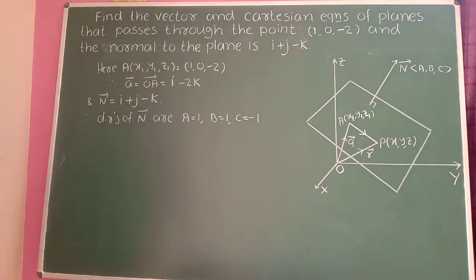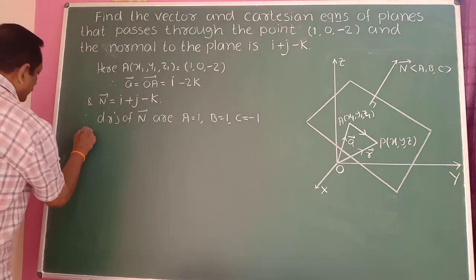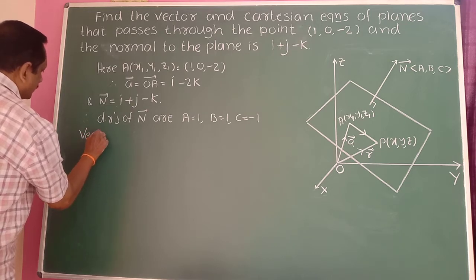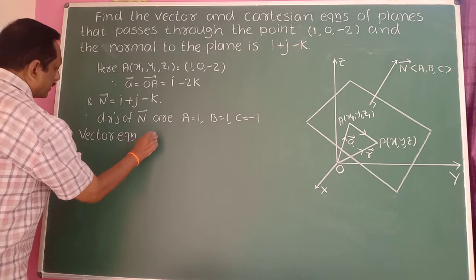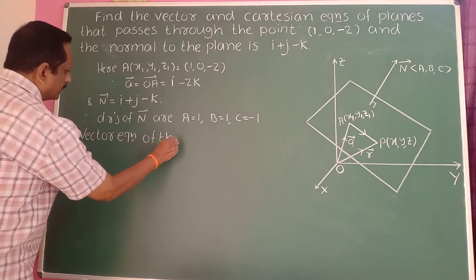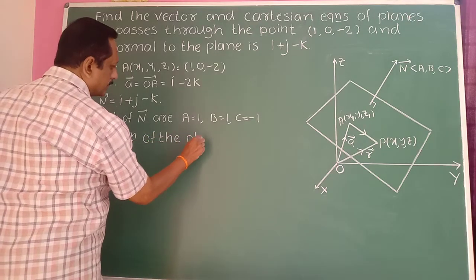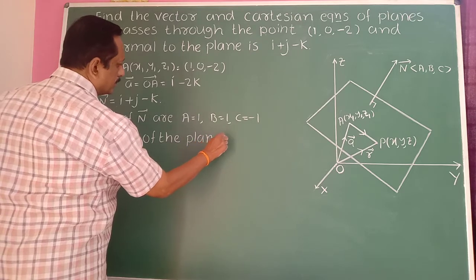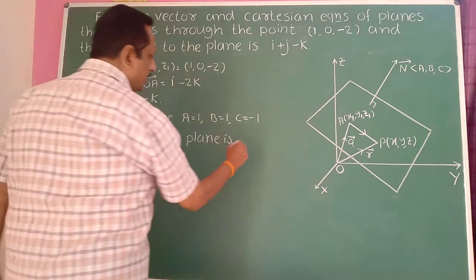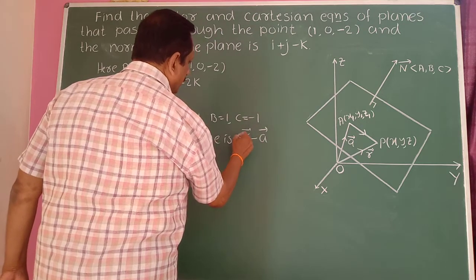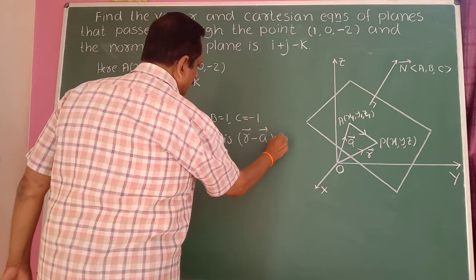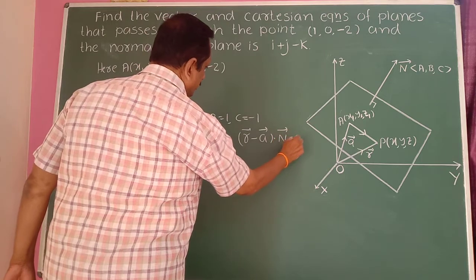First write the vector equation of the plane. The vector equation of the plane is (r bar − a bar) dot n bar = 0.